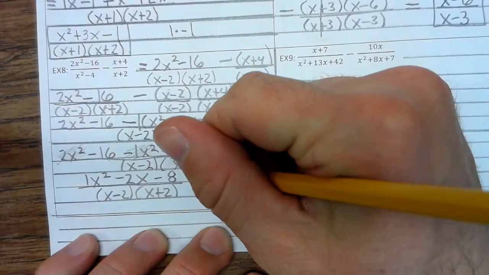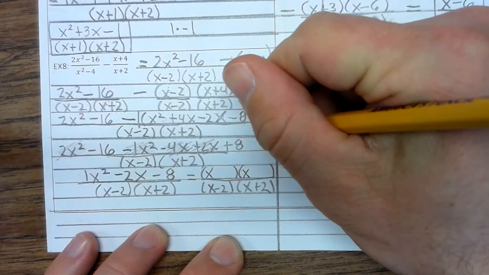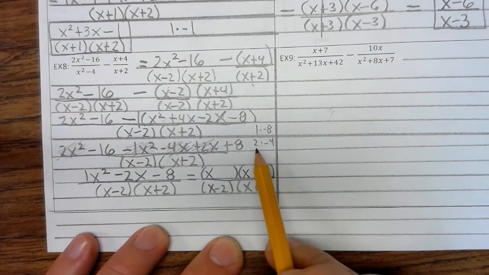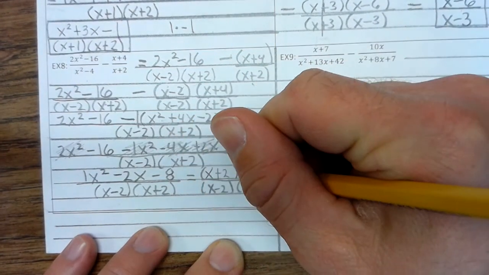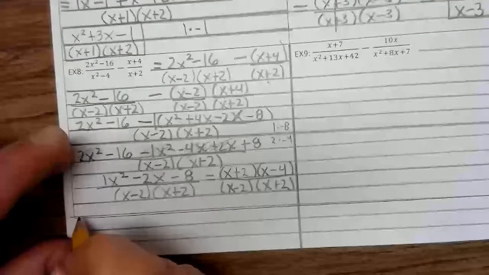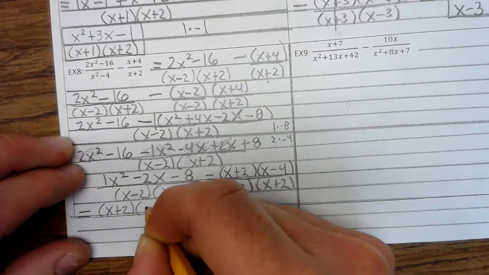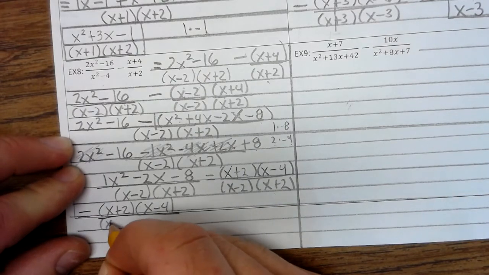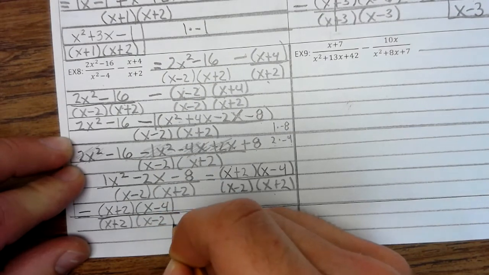All right, so we know x and x. And we look at all the factors of negative 8. So we know 1 times negative 8, 2 times negative 4. This combination will give us a negative 2, so we have (x + 2)(x - 4). And again, we can see that the x plus 2 is divided out, but we're going to rewrite it so we can see it clearly: (x + 2)(x - 4) divided by (x + 2)(x - 2).